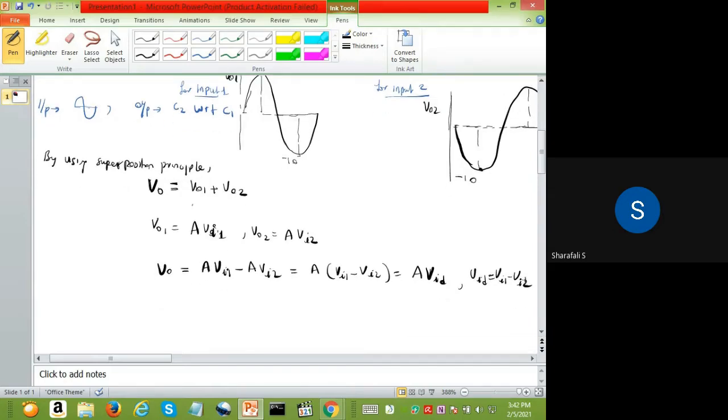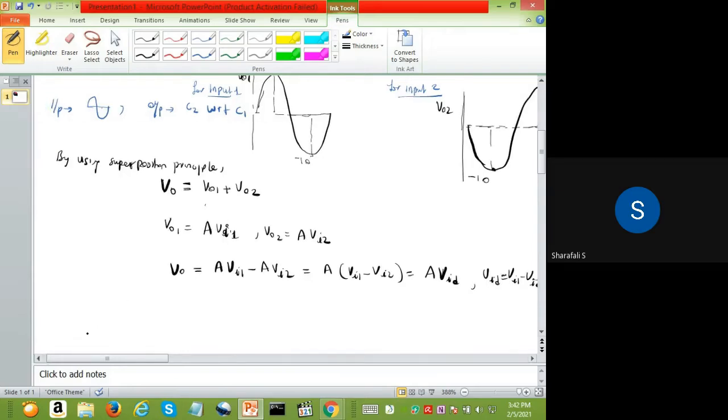So basically, in this configuration, the difference between the two input signals is getting amplified at the output. The difference between the two input signals is amplified.